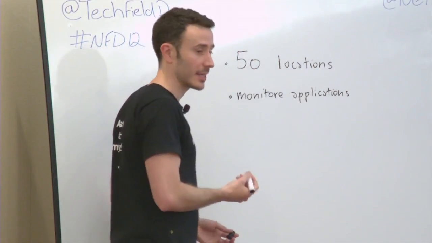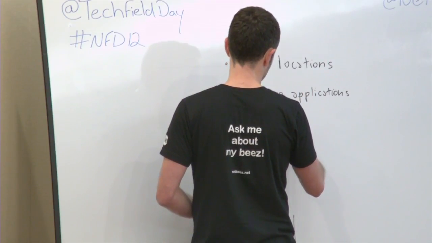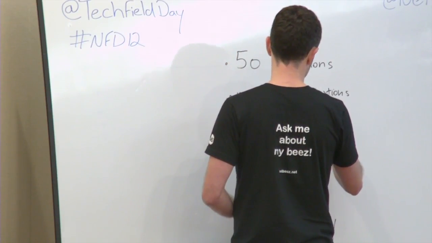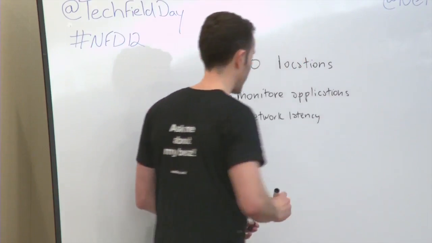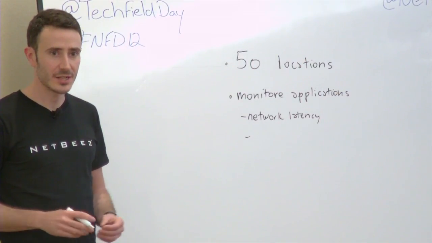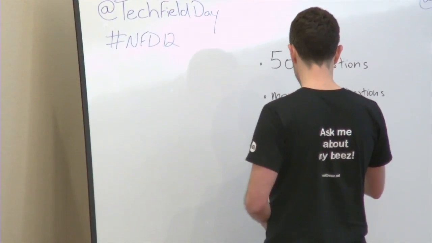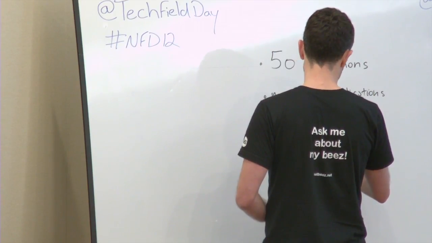Let's say network latency on the WAN. Latency. And then maybe we want to reach some internal extranet site at the data center or some cloud applications. So web applications. Generic, of course.